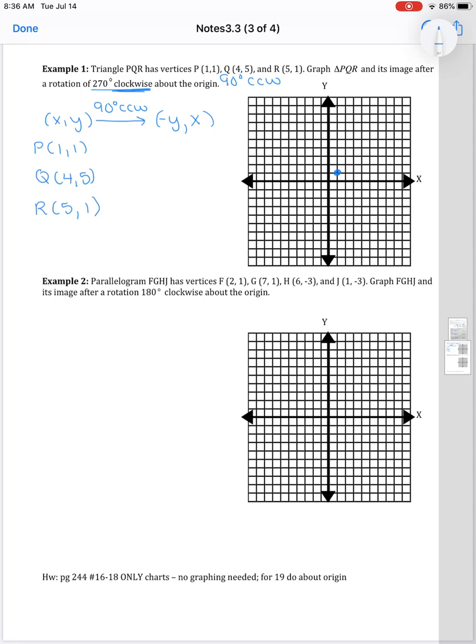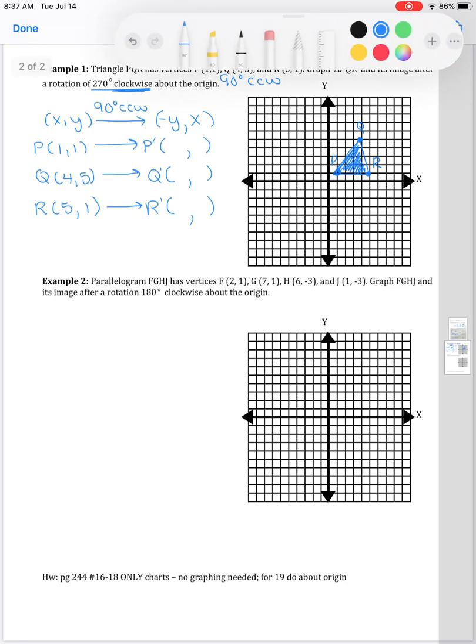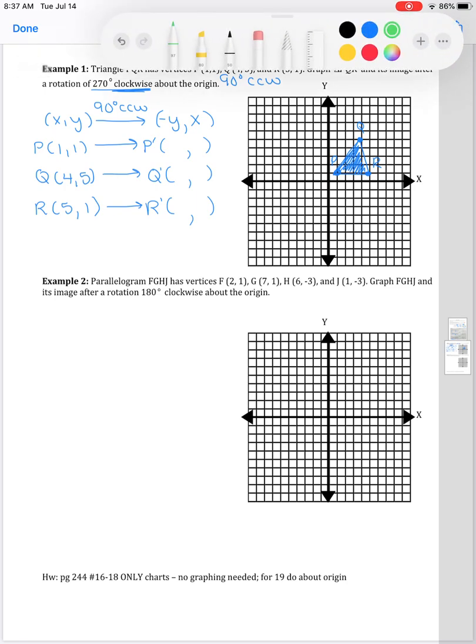So the rule for 90 degrees counterclockwise was you go from (x, y) to (negative y, x). First thing I'm going to do is plot my triangle. So I have P, I have Q, and I have R. There's my triangle.